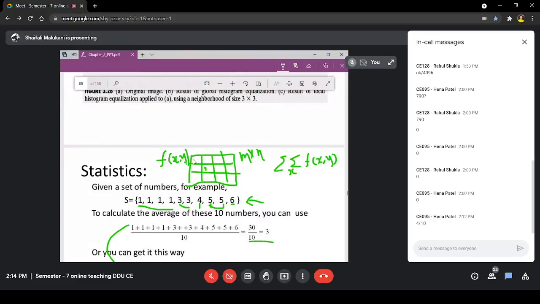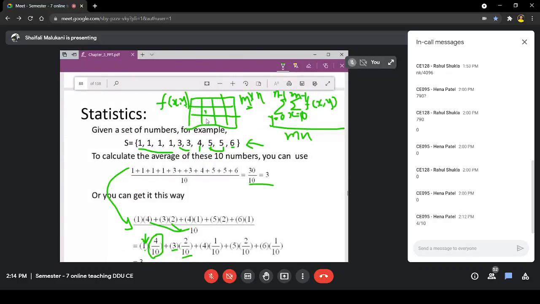If x indicates the number of rows, then the number of rows in my image is m, so x goes from 1 to m. Or if I am giving index values from 0, then it is 0 to m minus 1. Y is from 0 to n minus 1, or if I take 1 to n, that is okay. Taking the summation over all such arbitrary pixels and dividing by m into n will give me the mean of my image, right?